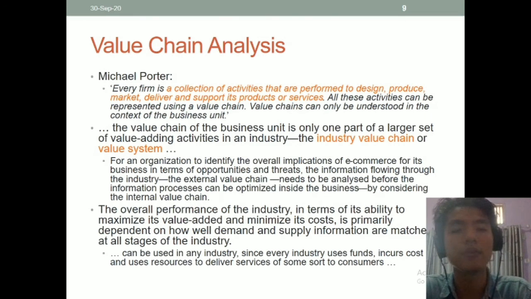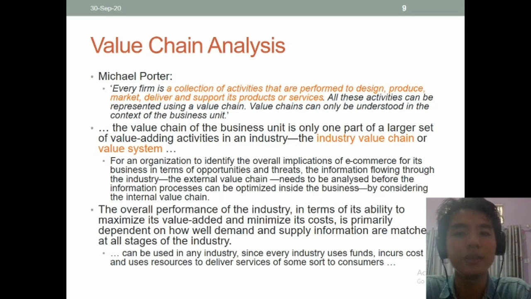The next one is value chain analysis. Michael Porter said, every firm is a collection of activities that are performed to design, produce, market, deliver, and support its products or services.